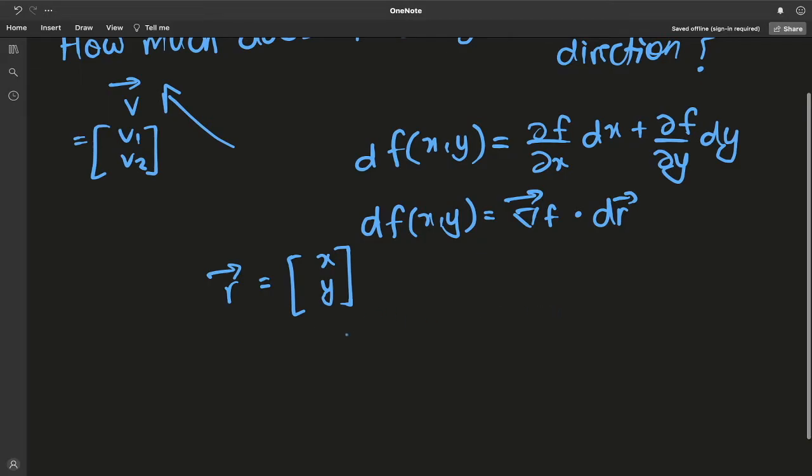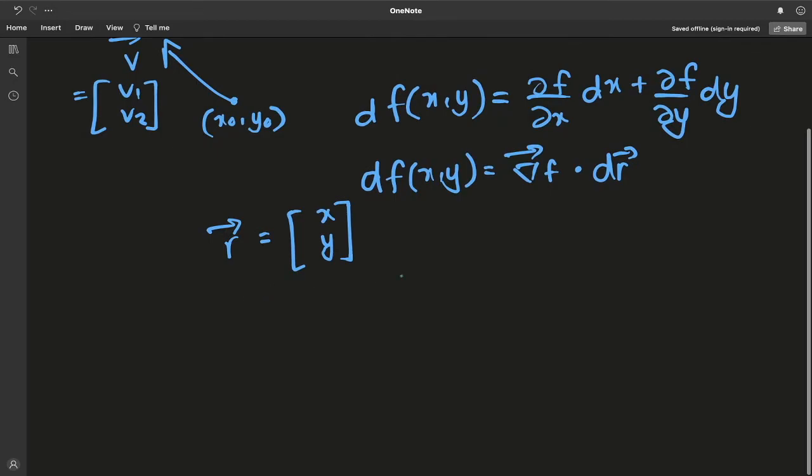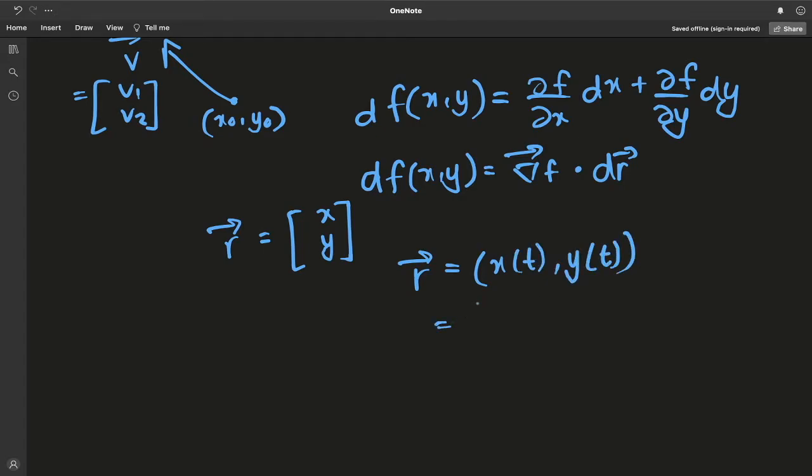now we can parameterize our directions. Our direction is along the vector v. We can parameterize our direction, define a base point x naught y naught. We can define our position vector, displacement vector r to be x of t, y of t, which becomes x naught plus v1 of t, because that's the x component, comma y naught plus v2 of t.